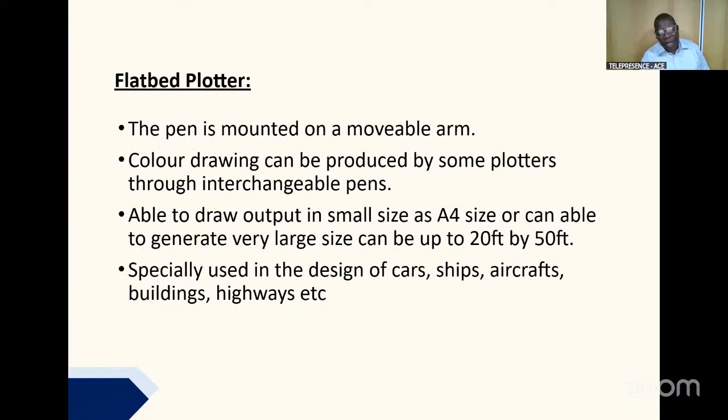Color drawings can be produced by some plotters through interchangeable pens, able to draw output in a small size such as A4, or able to generate very large sizes of up to 20 feet by 50 feet, especially used in the design of cars, ships, aircraft, buildings, highways, and so on and so forth.